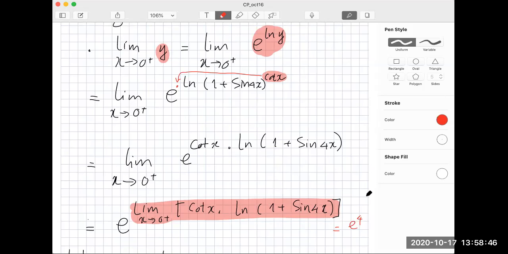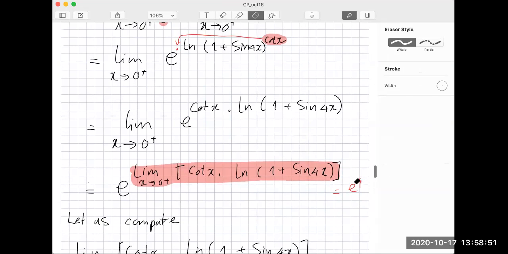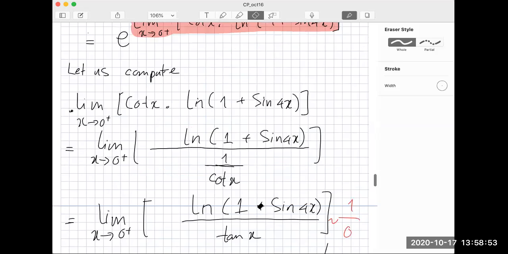Yes. Very good. So let me write a conclusion here. This is the process, how we do it.